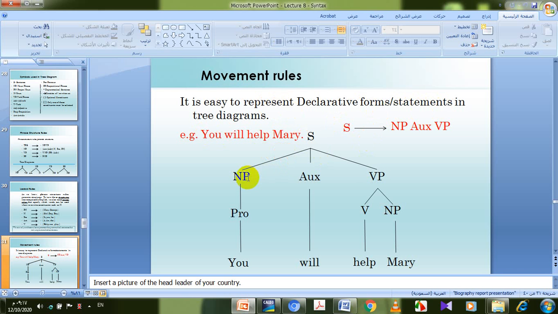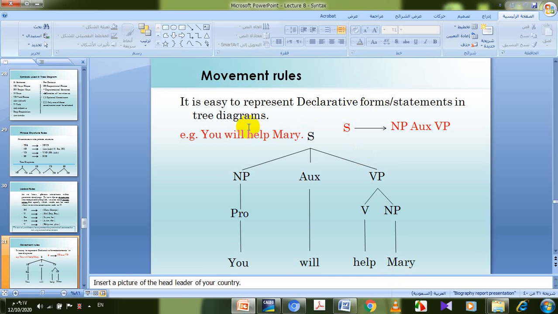Like sentence, noun phrase, verb phrase, automatically. Noun phrase, which is the pronoun you, is the subject. Will help Mary is the verb phrase, and we have will, which is the auxiliary alone here. Auxiliary, will. Verb phrase, help Mary, has two divisions: verb, help, and noun phrase, Mary.